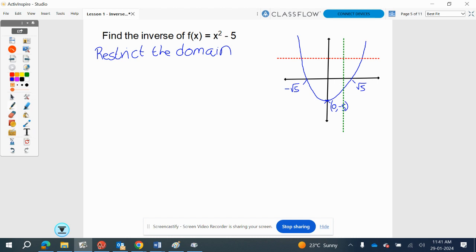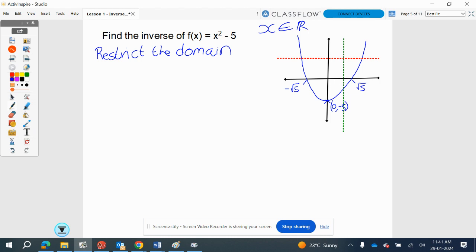X is between minus infinity and infinity. It's all real numbers, isn't it? That's it. What's the biggest possible domain we can create such that the function is invertible?